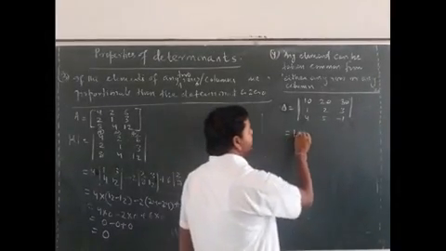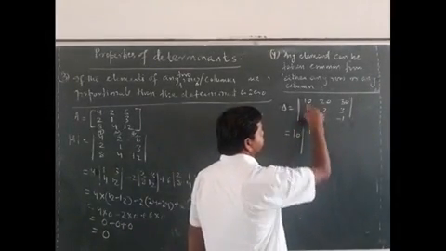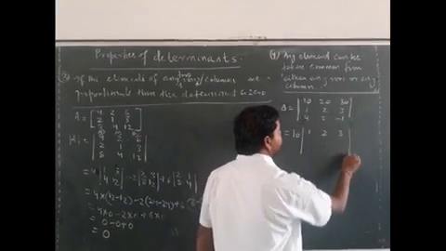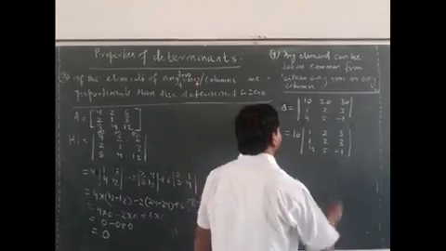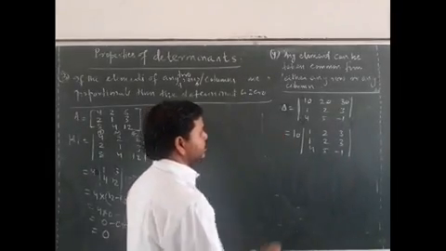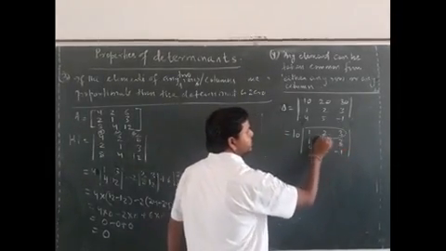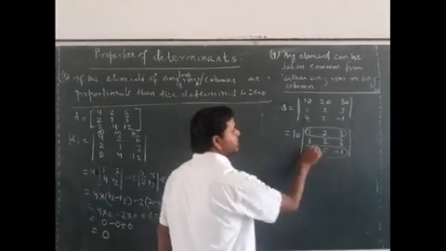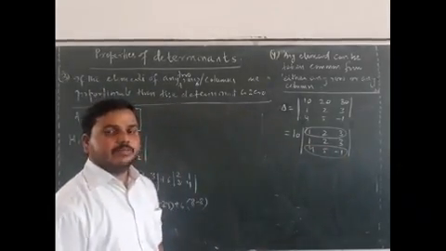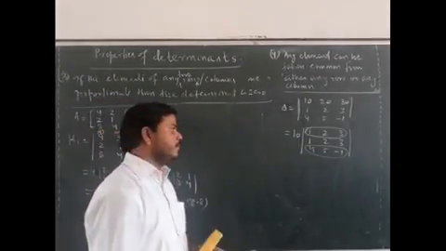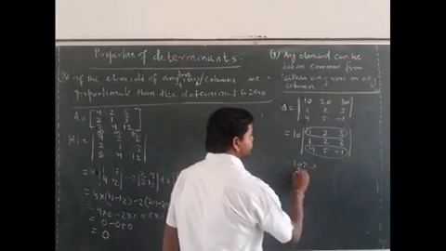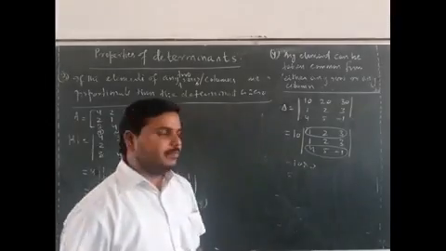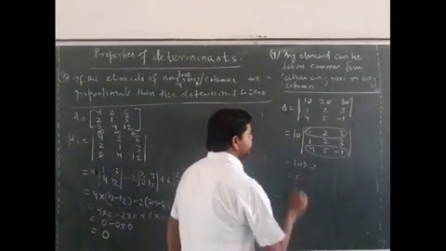If I take 10 common, what is left is 1, 2 and 3. This is also 1, 2 and 3, then 4, 5 and minus 1. And as I told in the previous topic, here row 1 is identical to row 3, and if any two rows are identical, then the determinant value is 0. So 10 multiplied by 0 becomes 0.